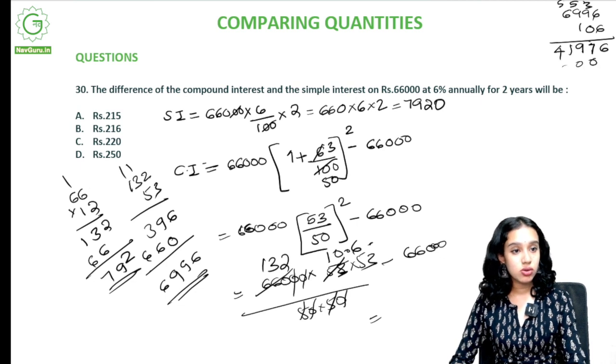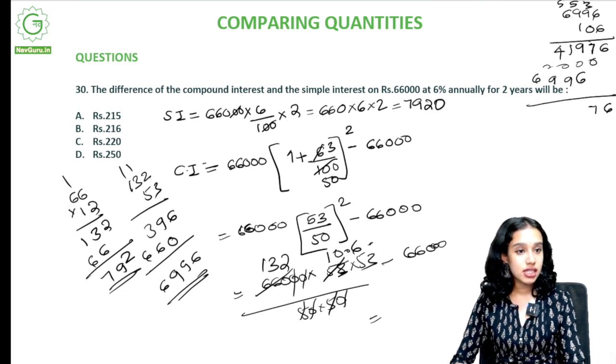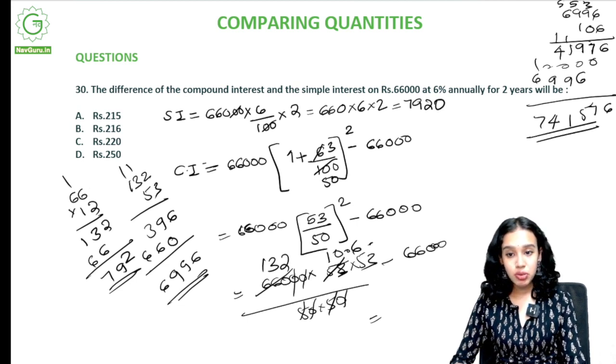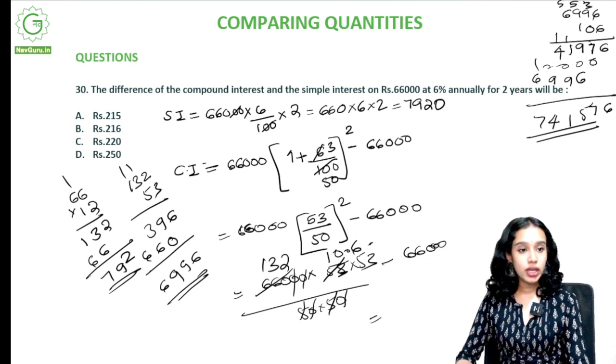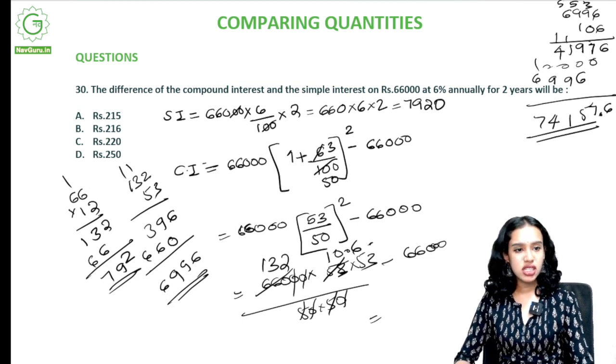Now we have zeros, and then we have 1 6 is 6, 1 9 is 9, 9 and 6. So 9 plus 6 is 15, 10 plus 1 is 11, 9 plus 1 is 10 plus 1 is 14, 7, and we have 10.6 here, right? So let's avoid the decimal, which gives 74157.6. Ignore the 0.6 no matter what.